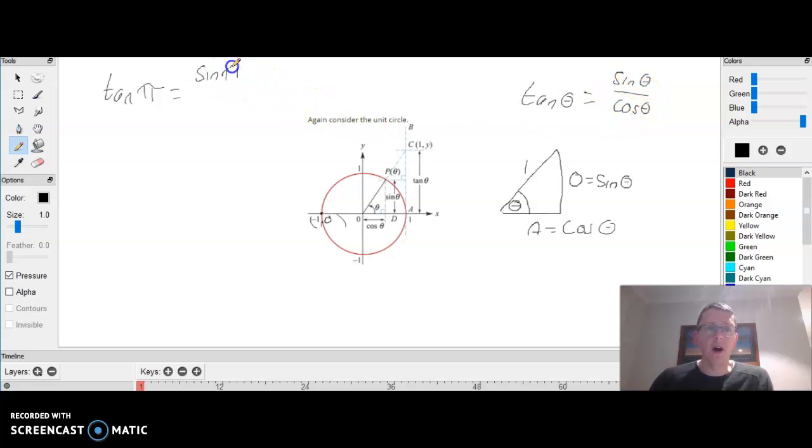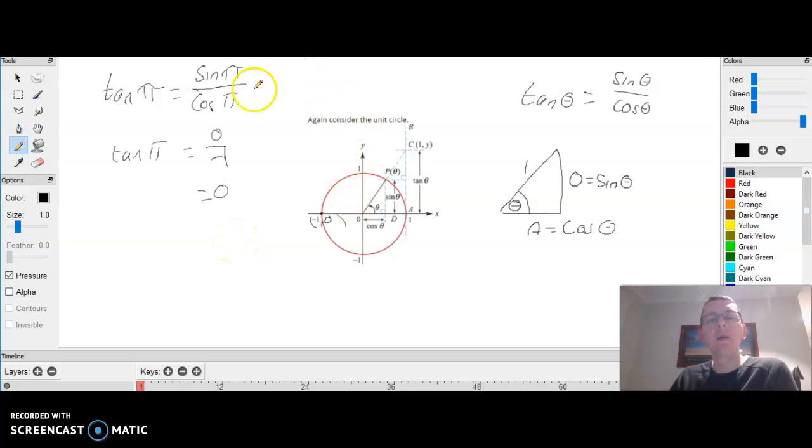So sine pi is the value of y, and that is nothing. So that is equal to 0, okay? That's the numerator of tan theta. And therefore, what's the value of cos pi? Well, the value of cos pi is the x-coordinate, which is -1. Well, 0 divided by -1 is still 0. Wow, we got so far there. But really, that's how you do it.